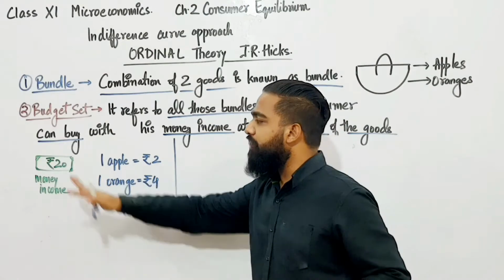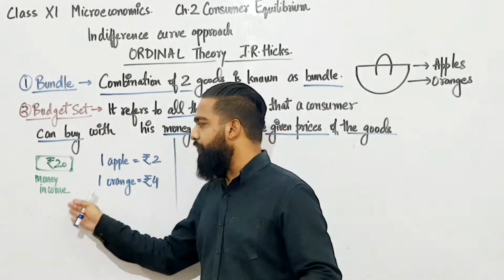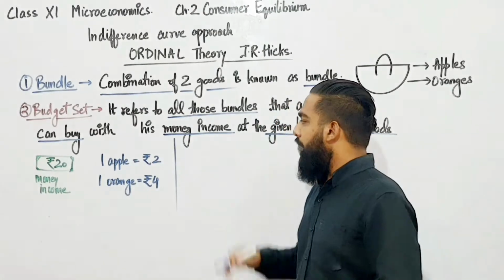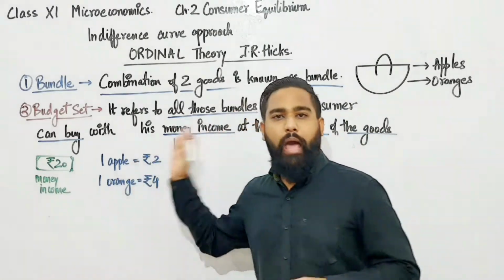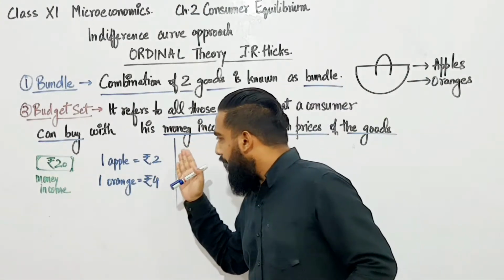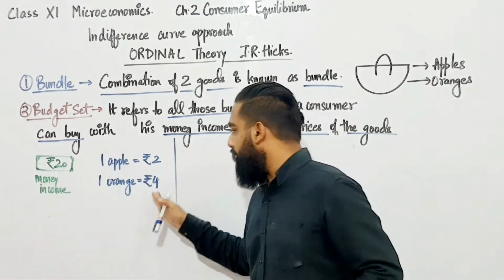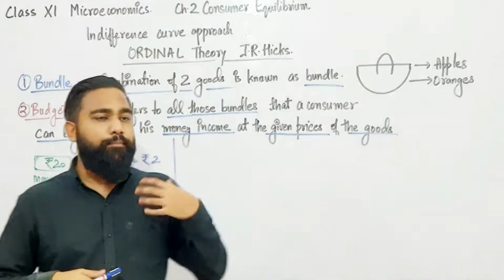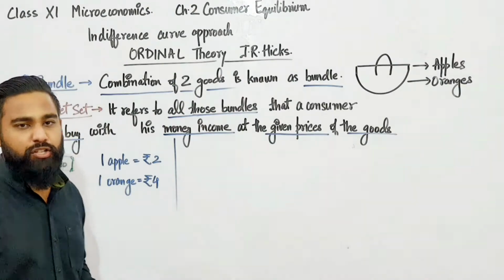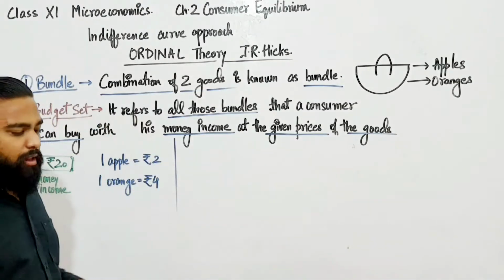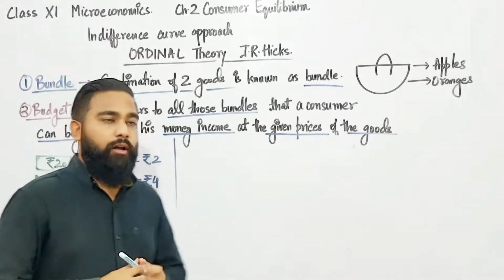Now suppose your mother gave you 20 rupees. Now these 20 rupees is your money income. You are having 20 rupees in your pocket and you are asked to bring some apples and oranges, where one apple costs 2 rupees and one orange costs 4 rupees. Now you can buy different combinations, different bundles of apples and oranges.